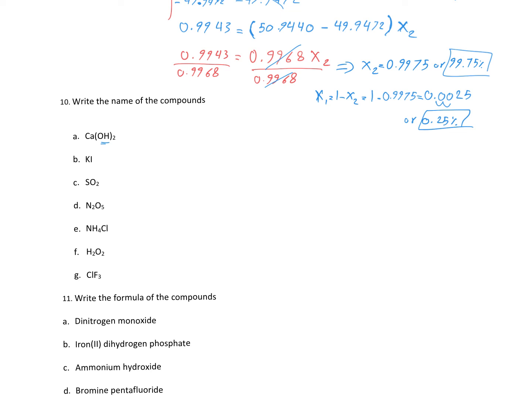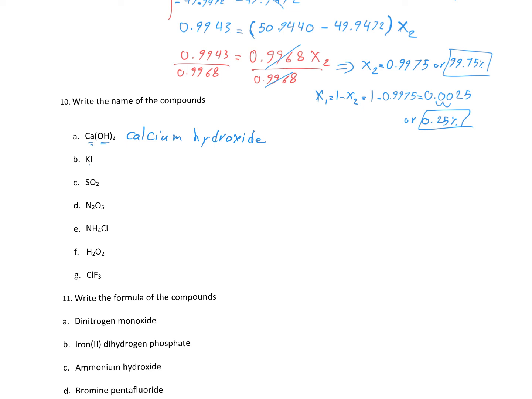To name the ionic compound, you write the name of the first ion, which is the cation that we have, calcium. So the name is calcium, and then the name of the next ion, which is hydroxide. So it's calcium hydroxide.